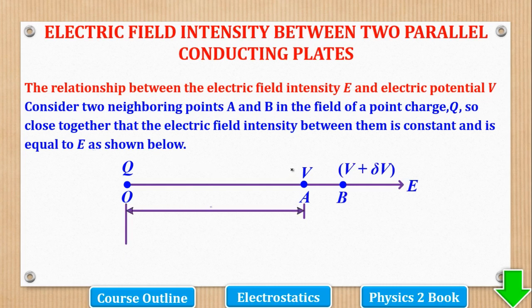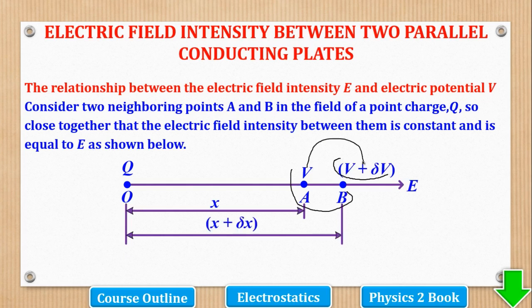These are the two points so close together, meaning that there will be a small change in potential. Here it was V, here it is V plus small change in V. And also a small change in distance. Here it was X, and here it is X plus small change in X. And this is our electric field intensity.